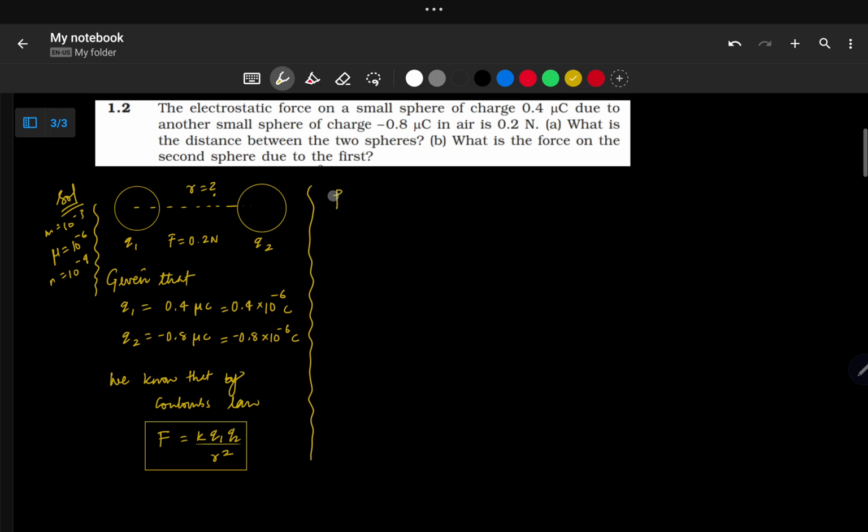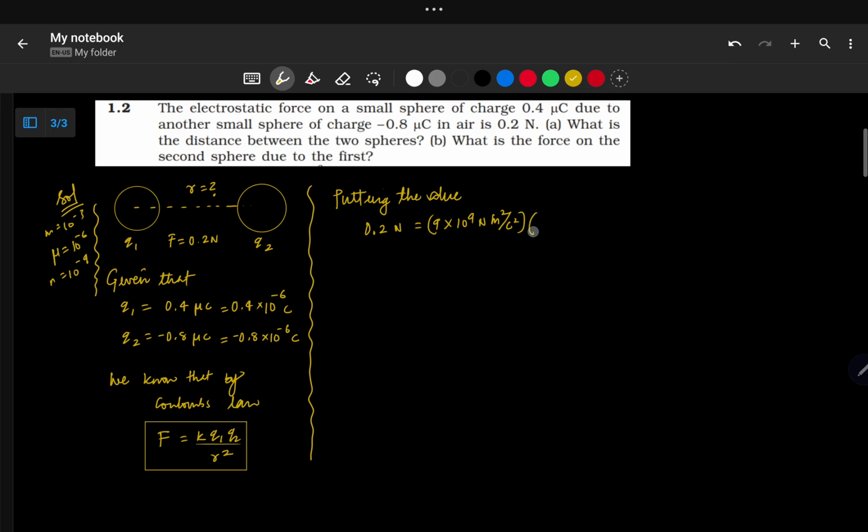what do we get? Putting the values, we get F as 0.2 Newton, and the value of K is equal to 9 into 10 to the power 9 Newton meter square per coulomb square.